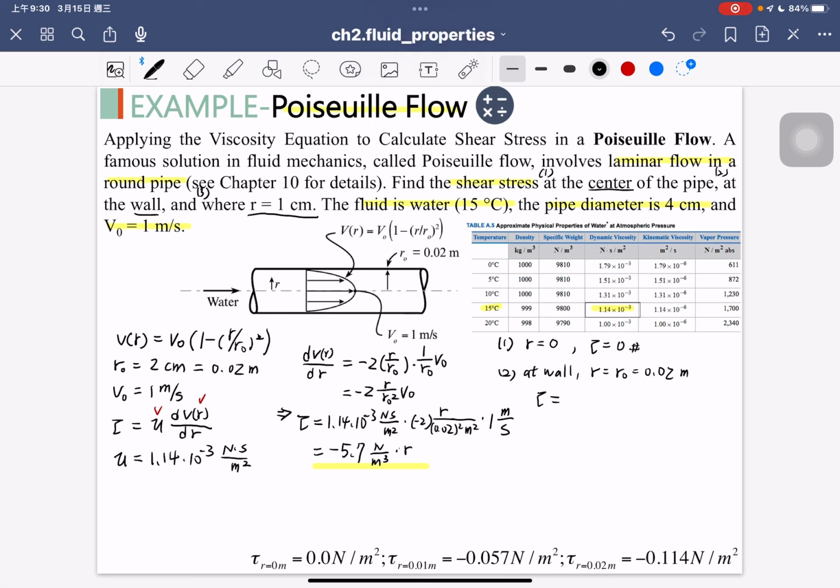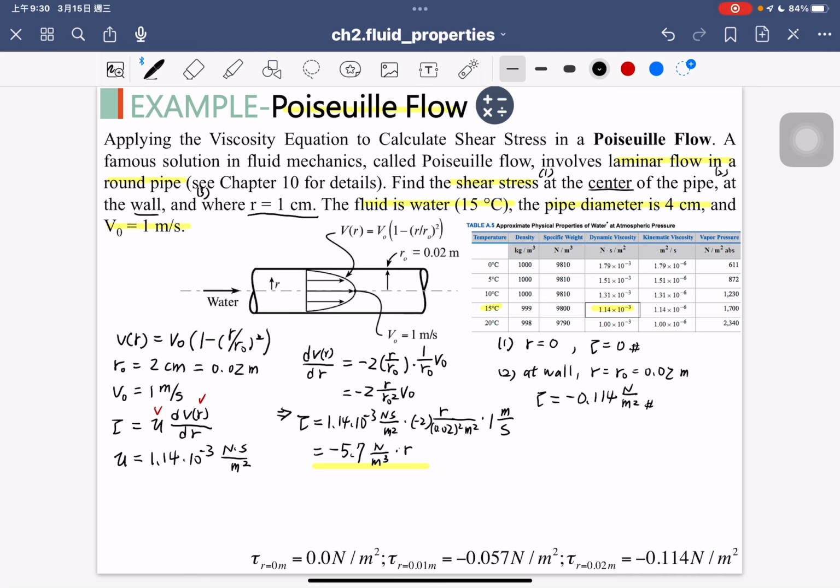We can minus 5.7 and multiply 0.02. Okay, so we calculated tau equal to minus 0.114 Newton per meter square.